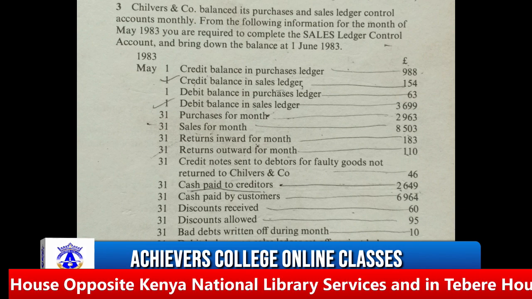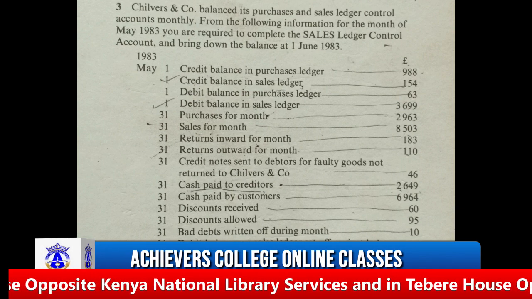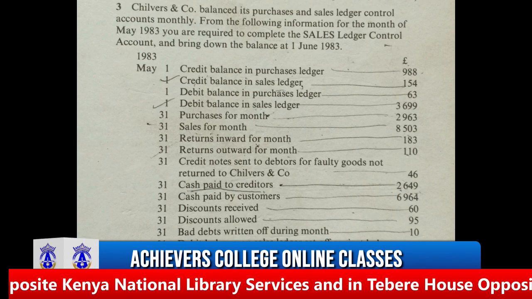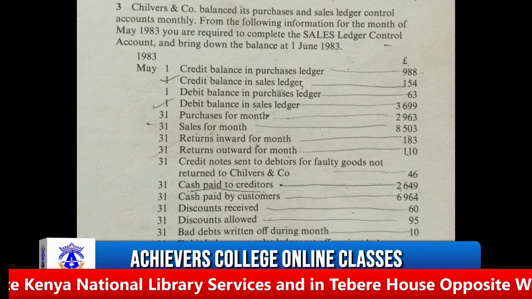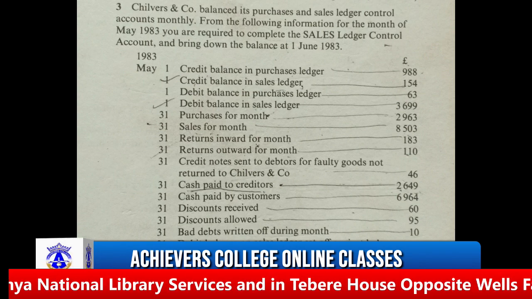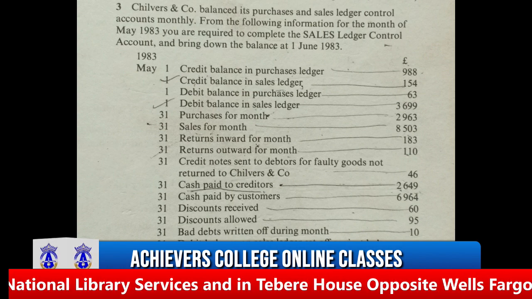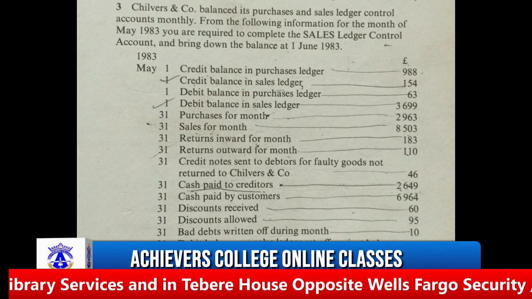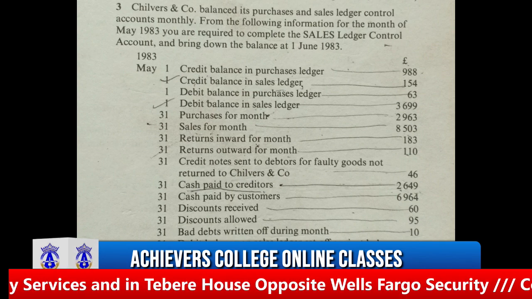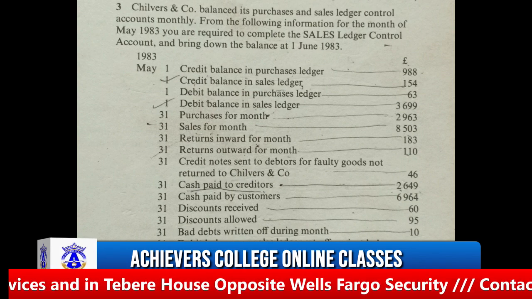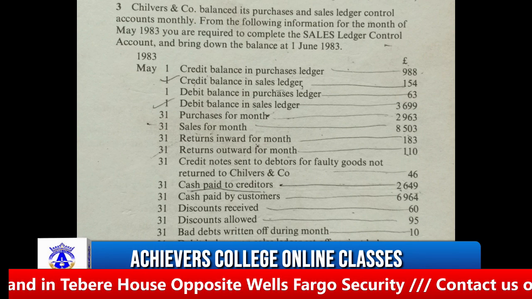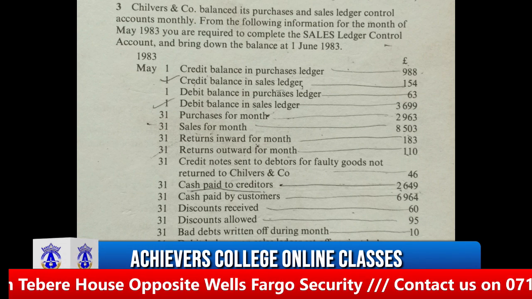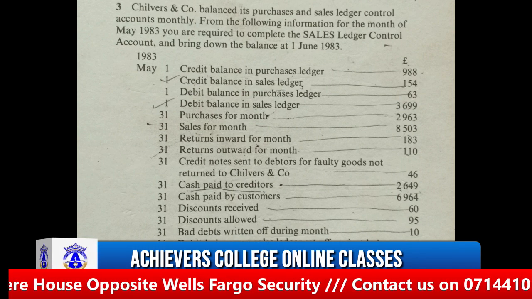Purchases for the month, we are supposed to assume that everything done there is actually credit purchases. We need to assume that it is credit purchases, and sales for the month are also credit sales.